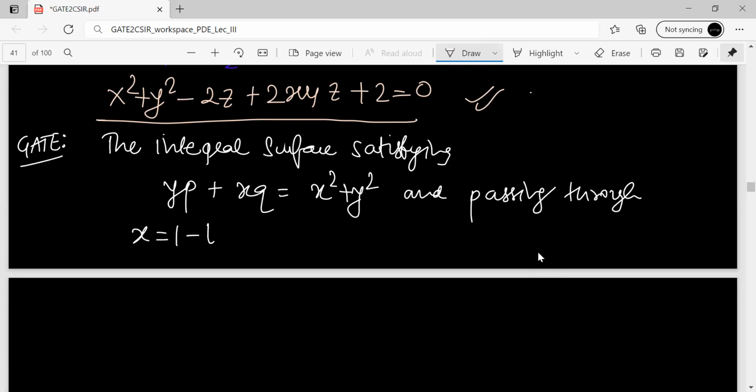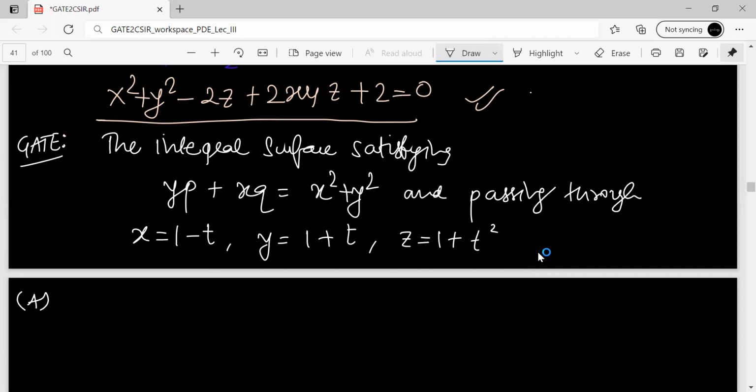x equals 1 minus t, y equals 1 plus t, and z equals 1 plus t square. So they have already parameterized. T is the parameter.